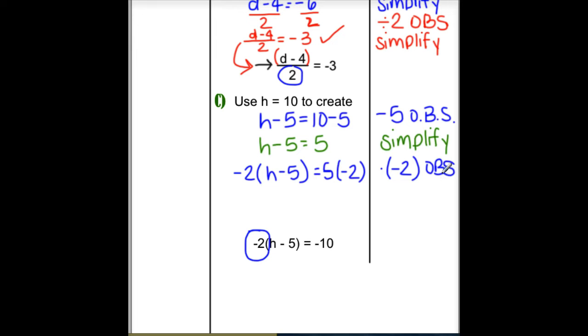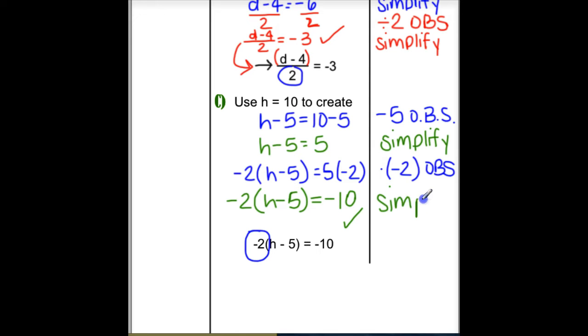And then finally, I'm going to simplify: negative 2 times the quantity h minus 5 is equal to negative 10, because 5 times negative 2 is negative 10. That does check out, so check mark, we are done, other than to write down that we did one last step of simplifying.